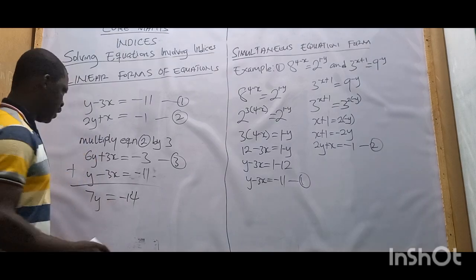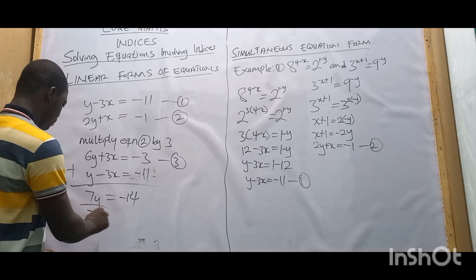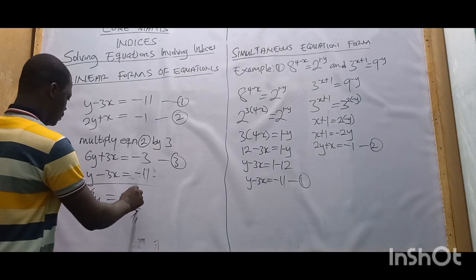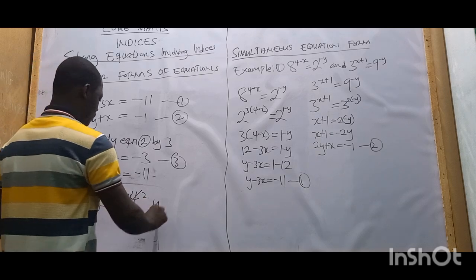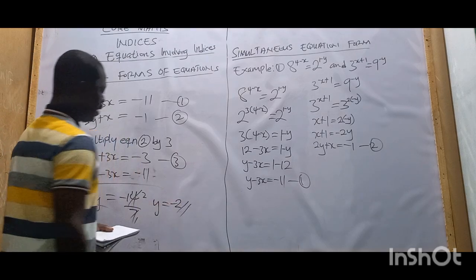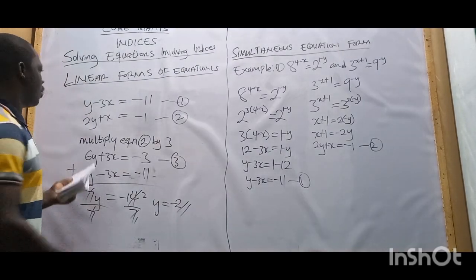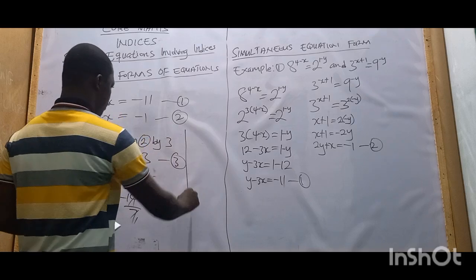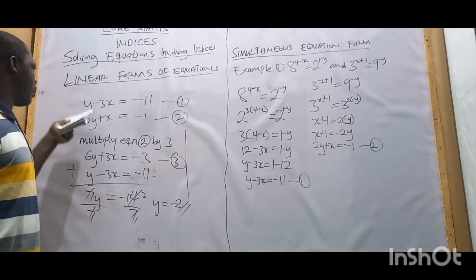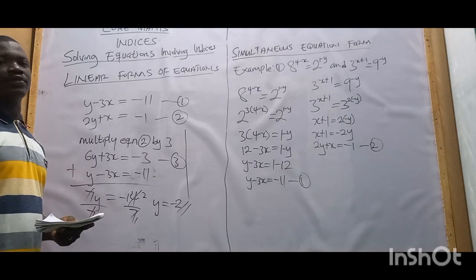Right? So I can proceed here. I'll divide through by what? 7. So my y becomes what? Negative 2. Right. So to solve for x, you substitute this negative 2 into any of the equations. And then I'll prefer working with this one since the numbers are small, right?